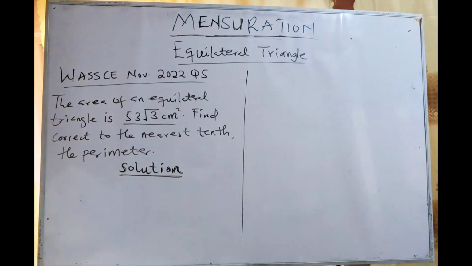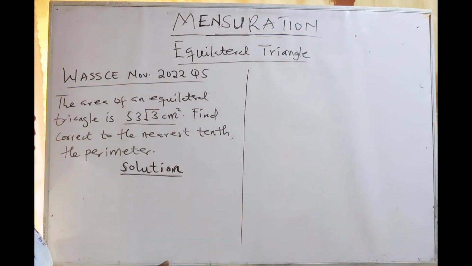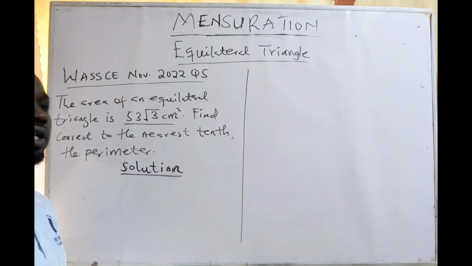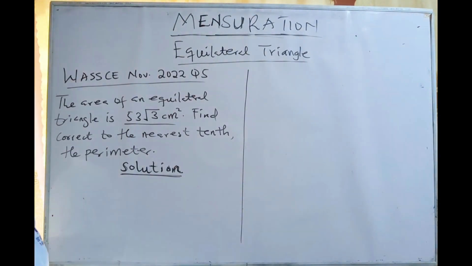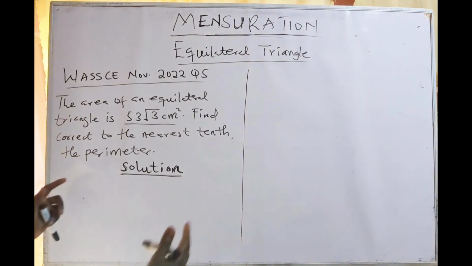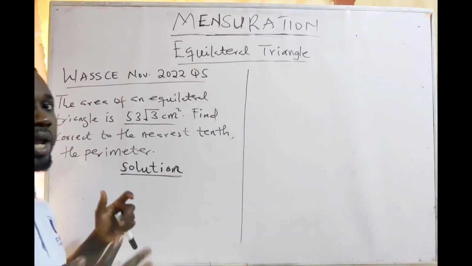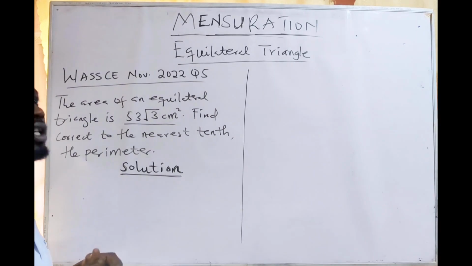When we draw the triangle, we know the area is half base times height, or if you like you can also use the angle: half times the two equal sides multiplied by sine of the included angle. So I'll use the two methods and then see what we get.